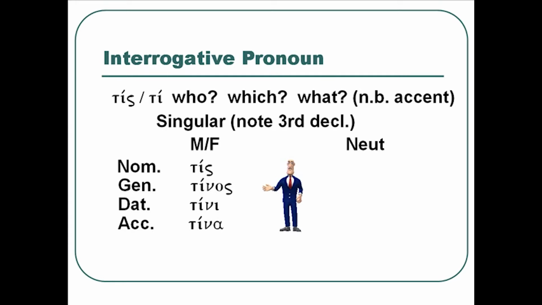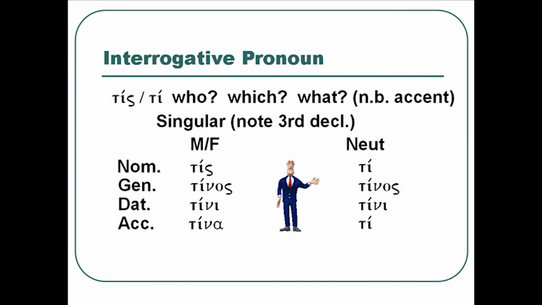You'll notice that the accent falls on the first syllable when there are 2 syllables, as opposed to the indefinite pronoun, which has it on the second syllable, on the ultima. So if it's on the penult, it is an interrogative question marker, and if it's on the ultima, then it's the indefinite pronoun.